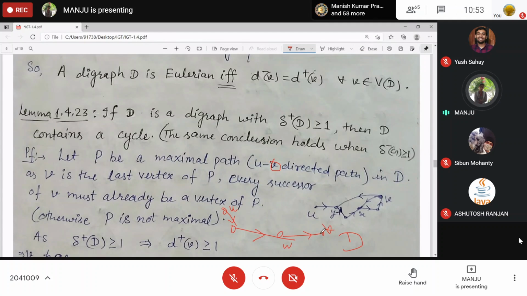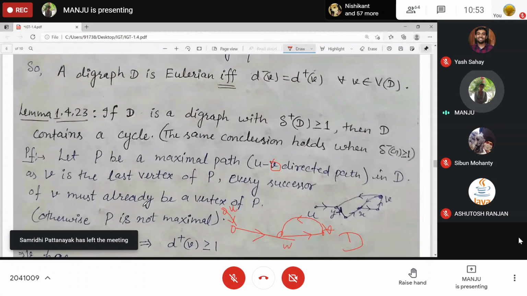Then every successor of V, successor meaning the vertex coming after V, is also present on this path. Why? If not, that will not be maximal. It can be extended. So it must already be a vertex of P. This is happening in P only.